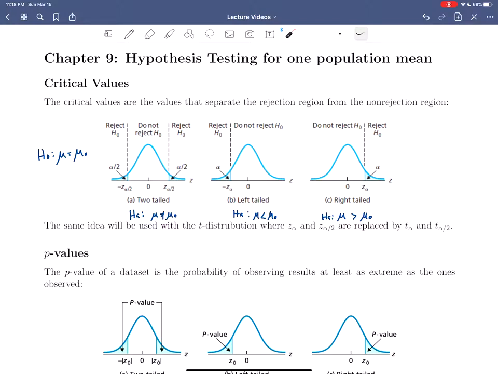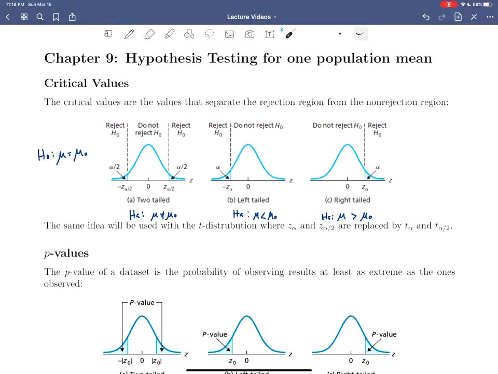For the left-tailed or right-tailed one-tailed tests, you don't have to split the alpha, so you just have alpha over here, alpha over there. Okay? So that's the critical value approach. It's the same idea if you do not know the underlying population standard deviation. You just use the student's t-distribution rather than the standard normal distribution.